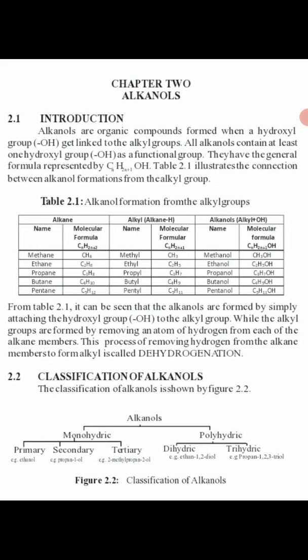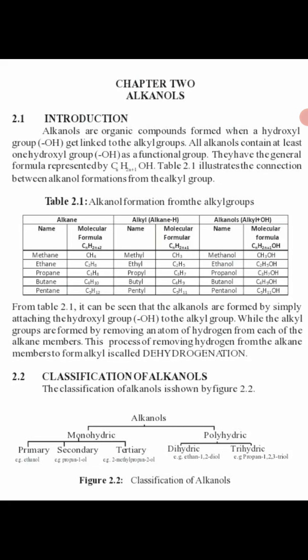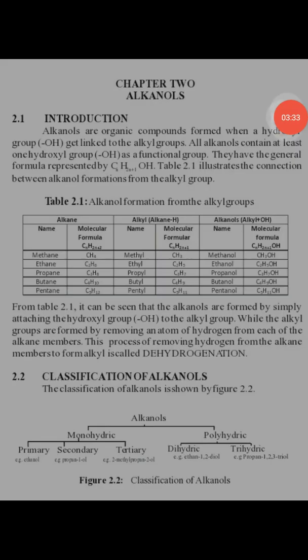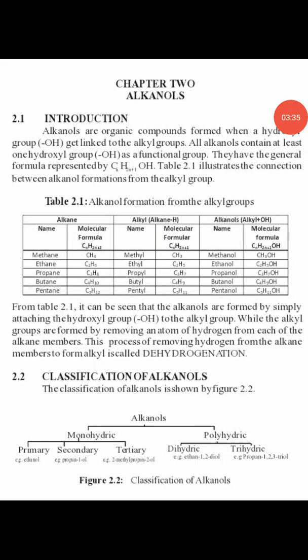Now, you have the table there. You have the alkane group, the corresponding alkyl group, the name, the formula. Quickly, before I go into the classification of alkanols, we see here it's the process of removing hydrogen from the alkane members. Like I said earlier, when you remove a hydrogen atom from a corresponding alkane, you get an alkyl group.